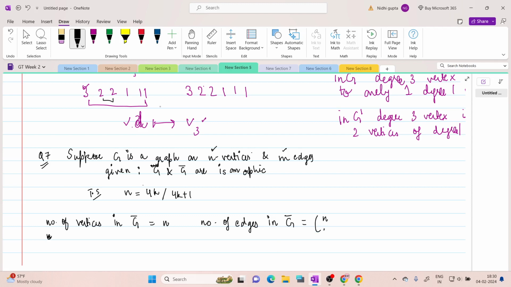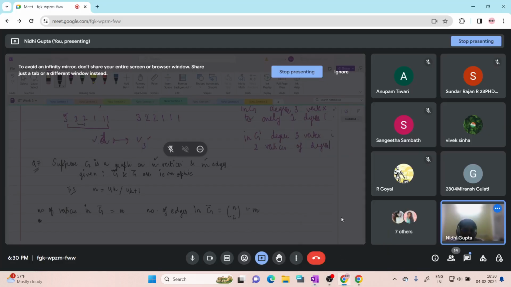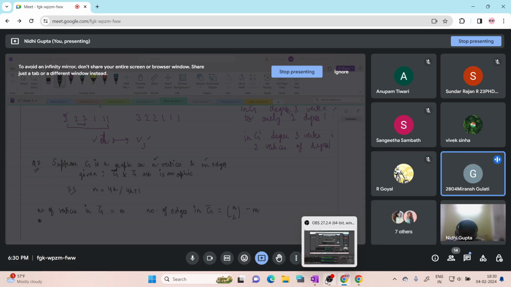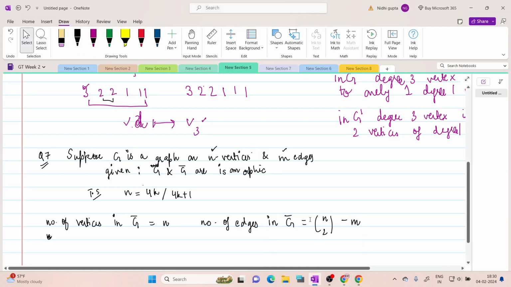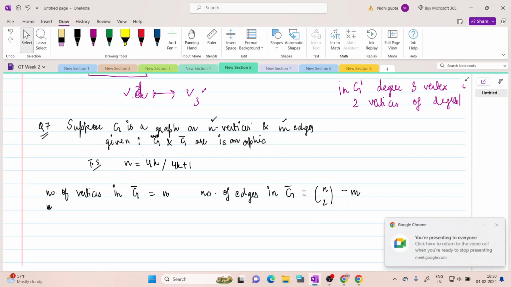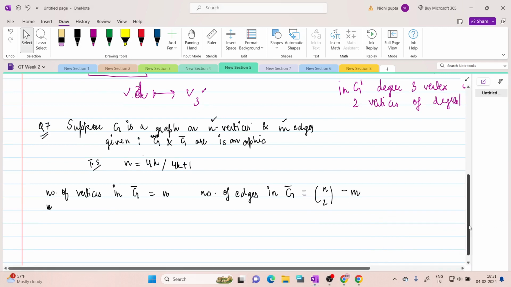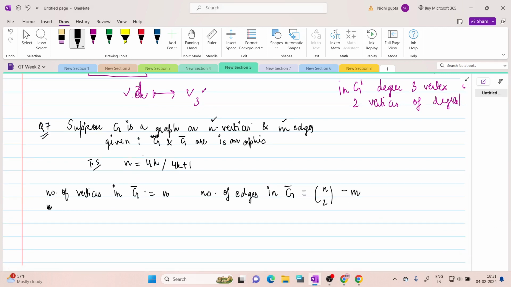Does everyone agree why this is true? His answer is correct. Why did you say NC2 minus m? Because if we make any graph and then its complement, and represent them together, it will always be a complete graph Kn, which uses the highest number of edges, NC2.